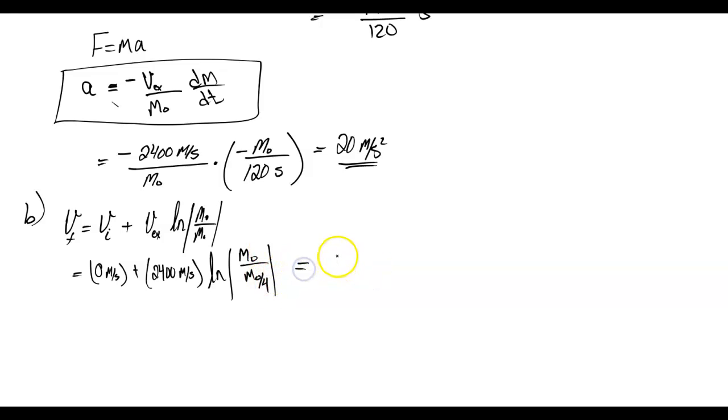So this becomes 2400 meters per second times natural log of 4, which is the same as 3327 meters per second.